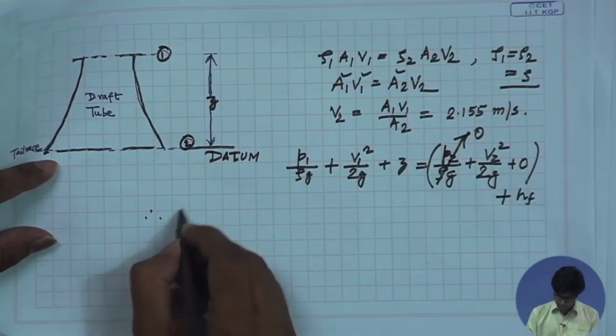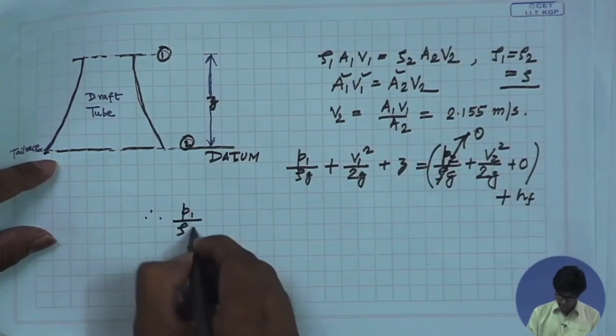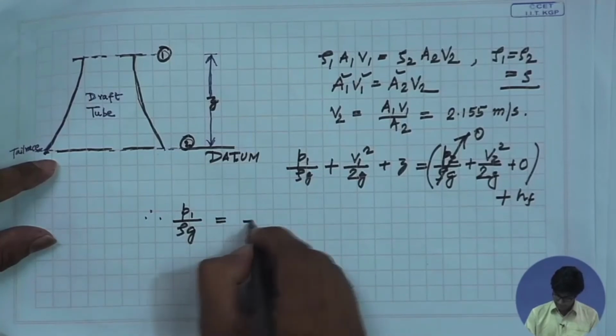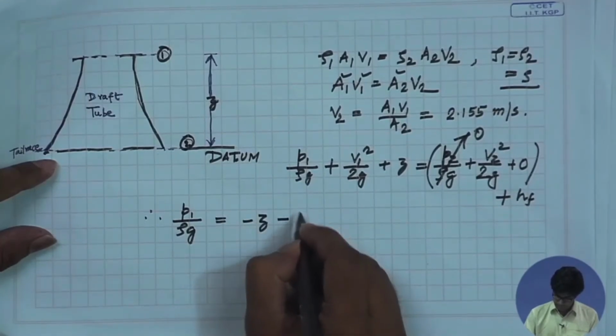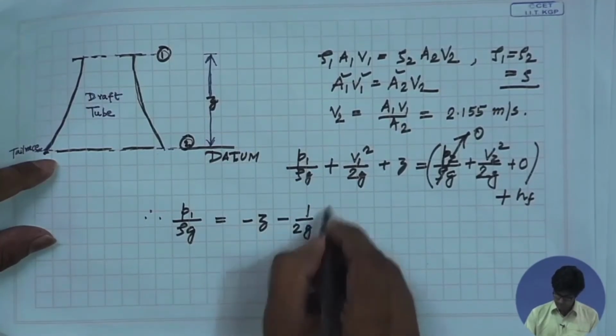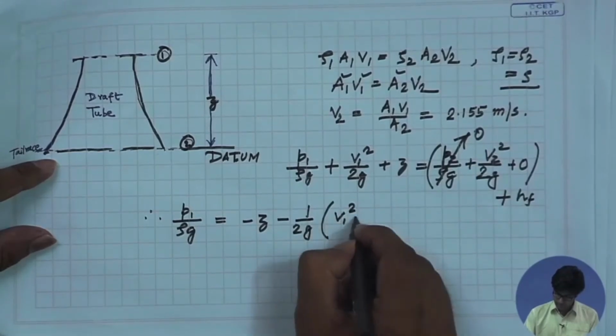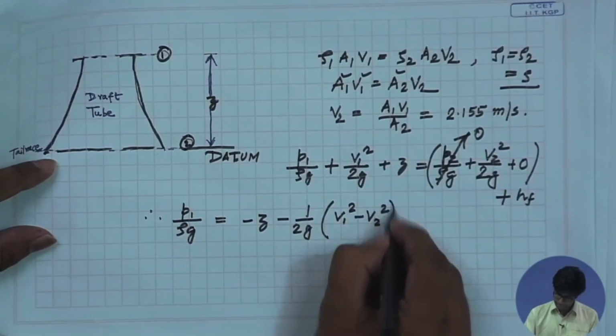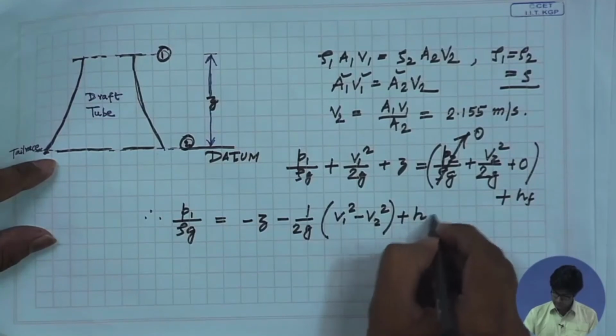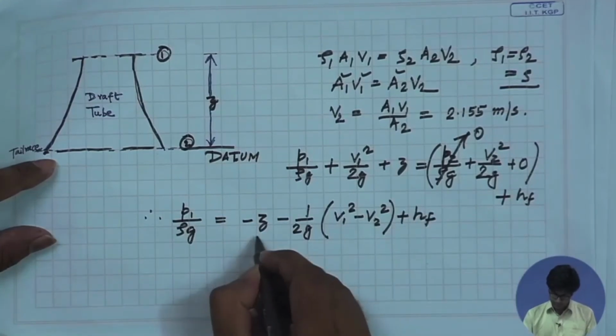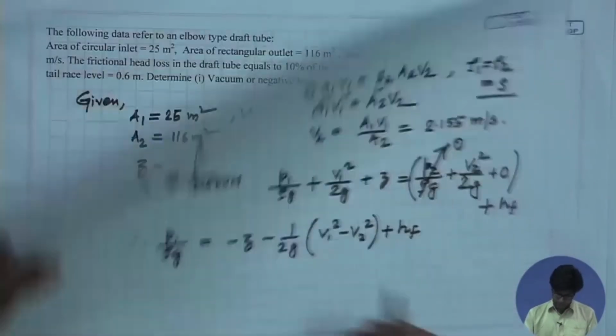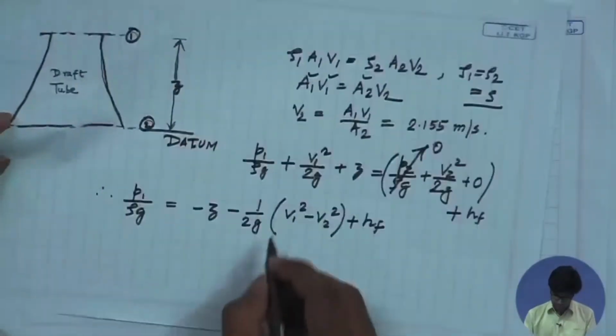So, ultimately the pressure head at the inlet can be written as minus Z minus 1 by 2g (V1 square minus V2 square) plus Hf. We know the value of Z, it is given as 0.6 meters.